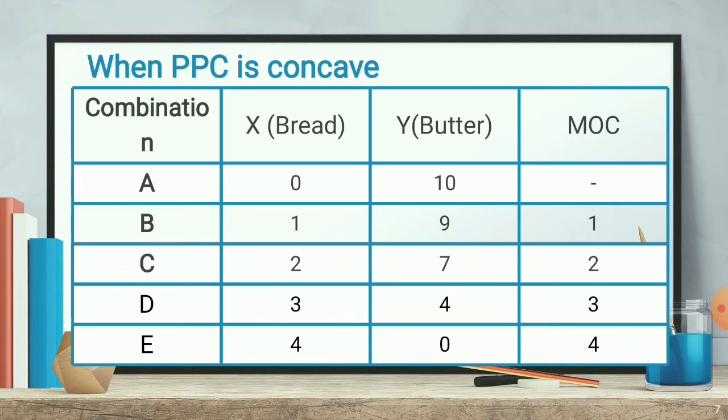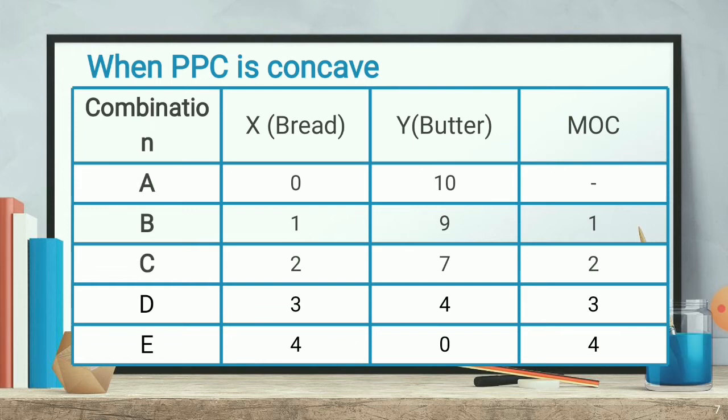So we have taken 1 unit from butter, and how much is left for the production of butter? It is 9. So for marginal opportunity cost, just look at which production is getting the gain and which is having the loss. If you see, bread is gaining and butter is losing.